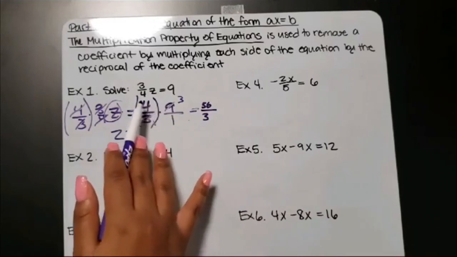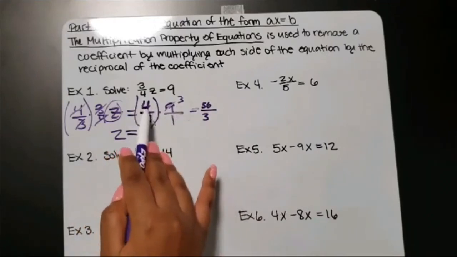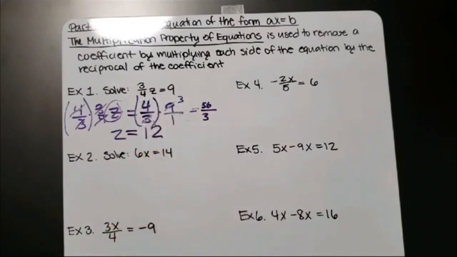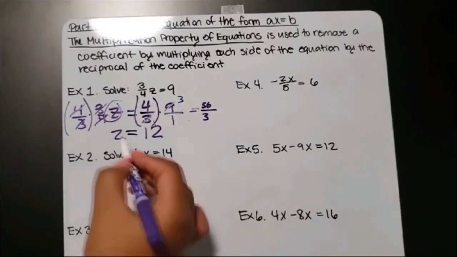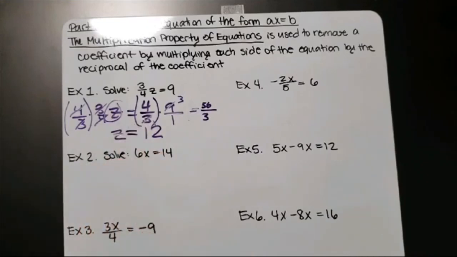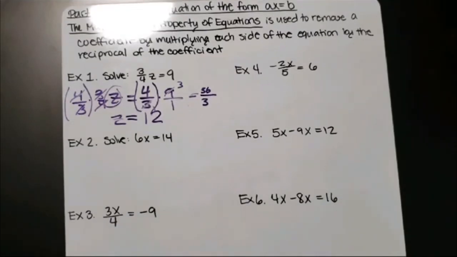So now we have 4 over 1 and 3 over 1, and of course 4 times 3 is 12. Okay, so you can get to the final answer a few ways, but as long as you show your work, show which way you used, you can use whichever method is easiest for you. So the answer to example 1 is 12.